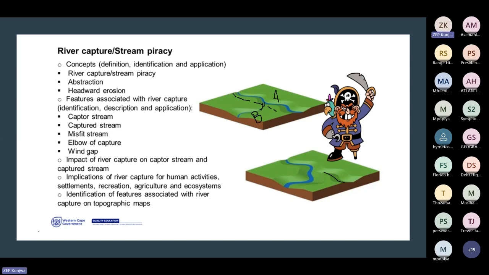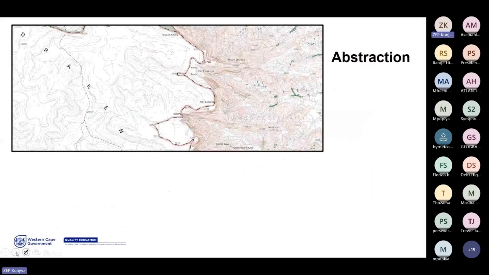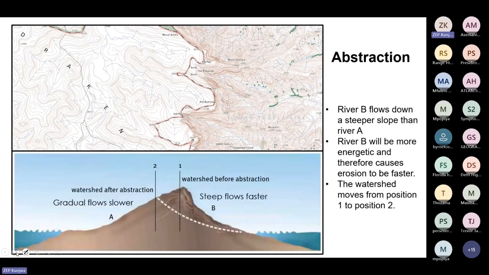Let's continue. The first thing we want to talk about is abstraction. This is where River B, remember, this is the site, the B, which river flows at B. Here, this is B. And then this is A, just to make sure people understand exactly what we're talking about.